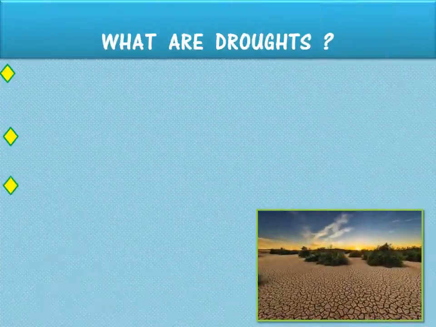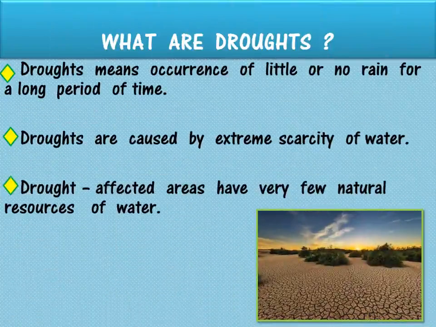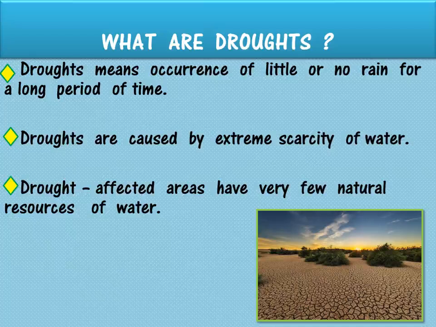Let's learn about some more natural disasters, like droughts. Droughts are natural disasters which occur due to lack of water or no rain for a long period of time in a place.